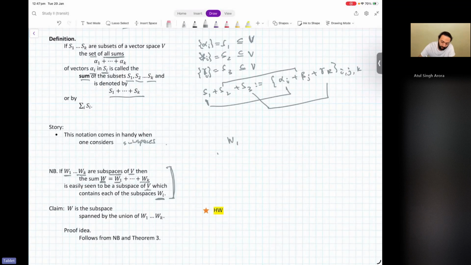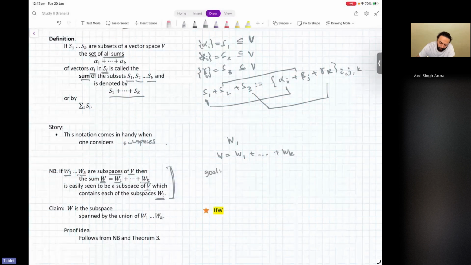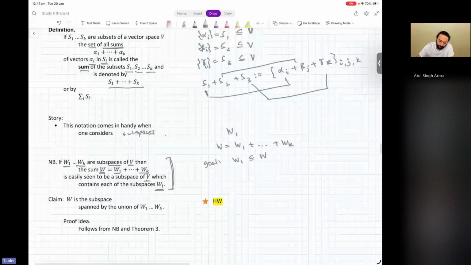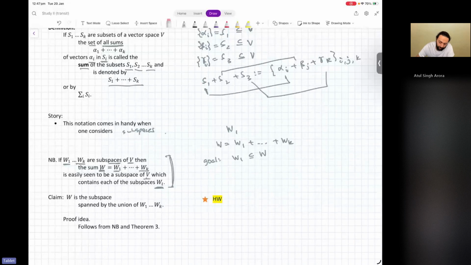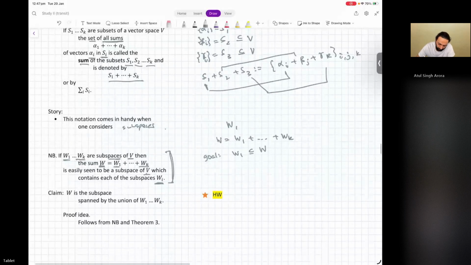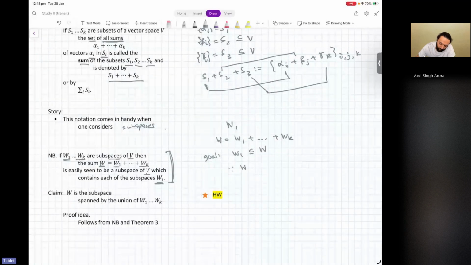W equals W1 plus through Wk. The goal is to show that W1 is contained in W. So one way of doing it could be to take all the other alpha k except for one to be 0. Exactly, because the Wi's are vector spaces.